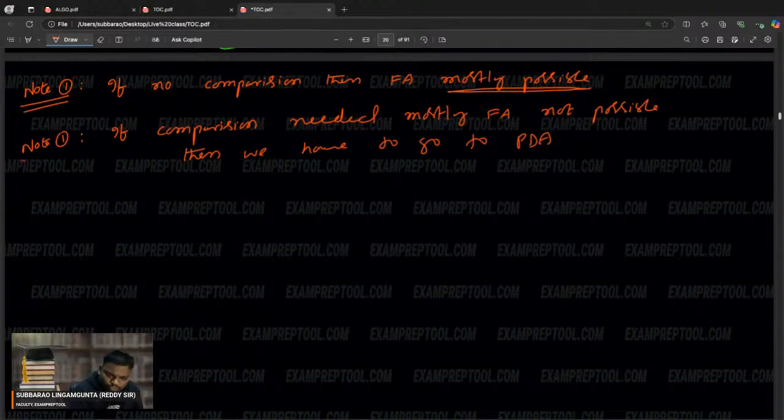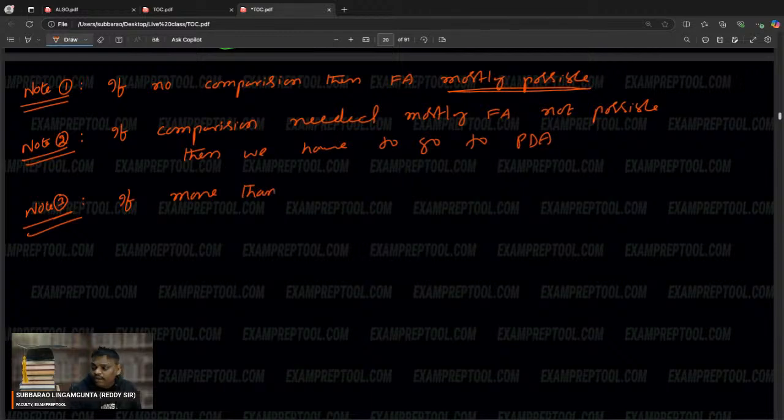Next one, note 3. Note 1 over, note 2 over. Note 3: if more than one comparison, like a^n b^n c^n. Here, a^n b^n has one comparison.